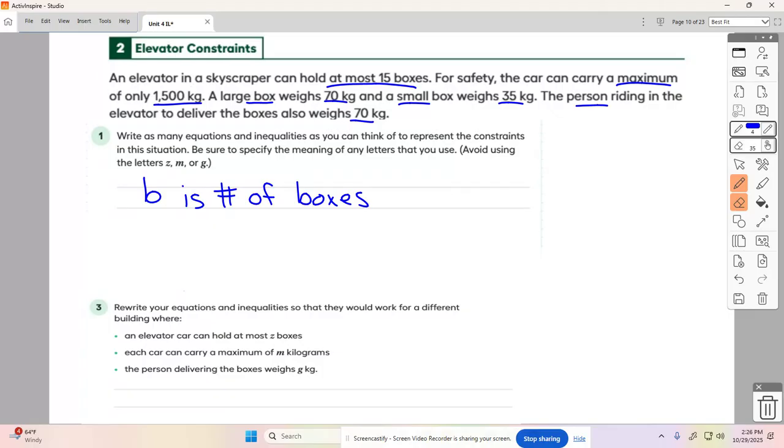So what would our inequality be? I know that it can hold at most 15 boxes. B is less than or equal to 15. So my number of boxes has to be less than, and it can be equal to, 15. That's my first inequality for my constraint.